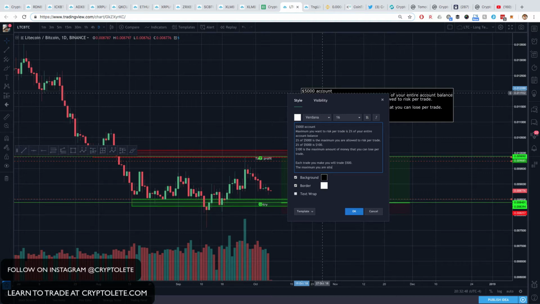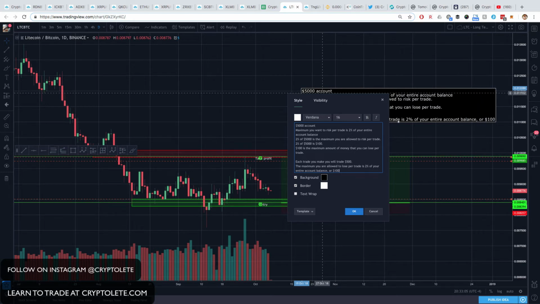The maximum you are allowed to lose per trade is 2% of your entire account balance, or $100.